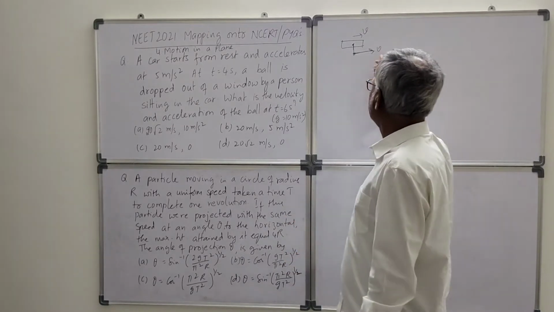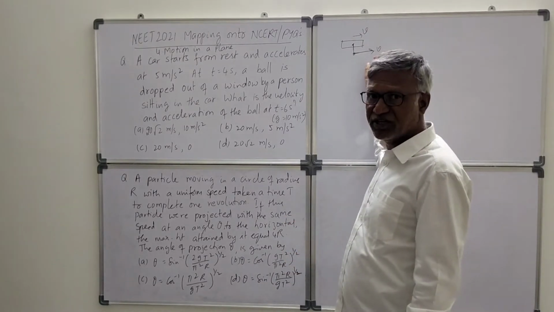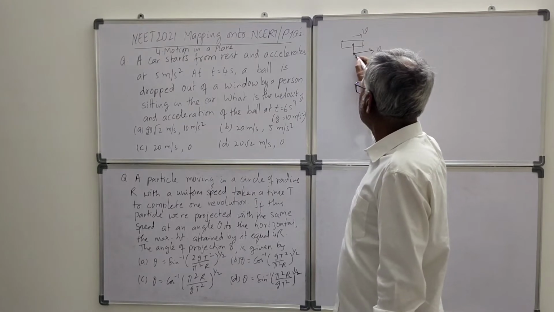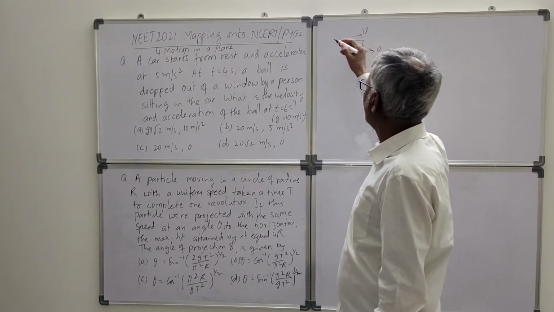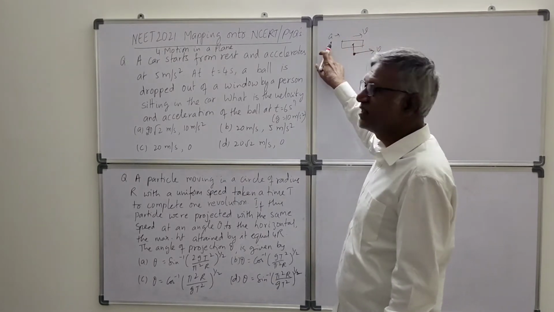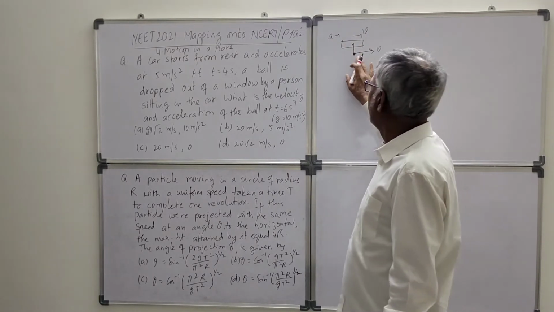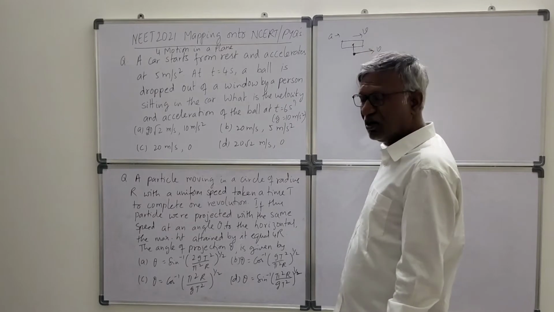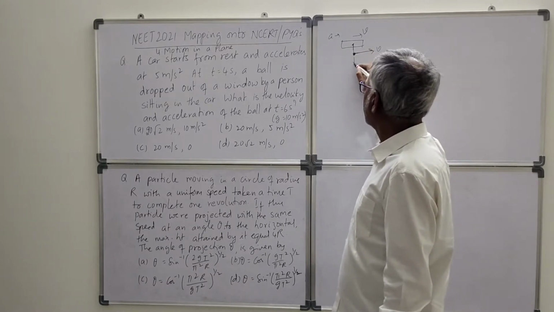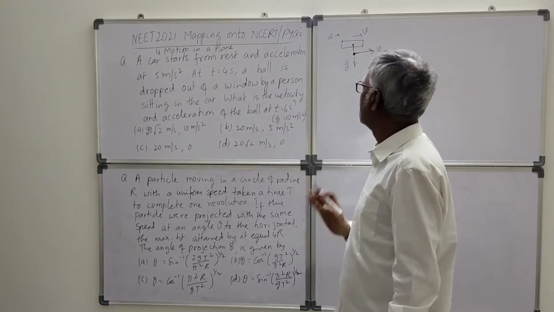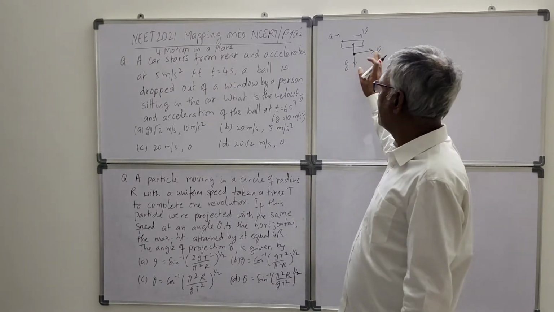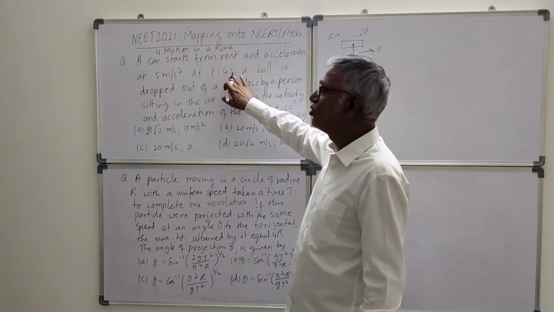After dropping, whatever the acceleration of the car is will not affect the ball. It will keep the same velocity as the car, and it is under the action of gravity. That's it.